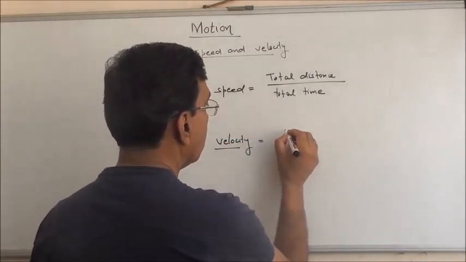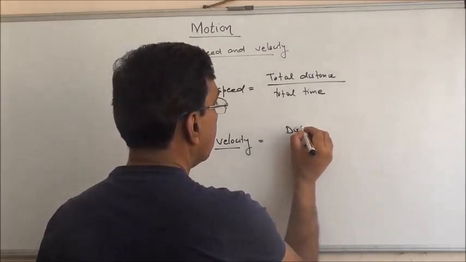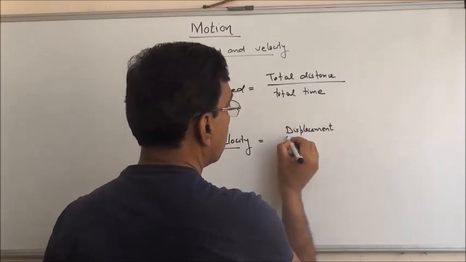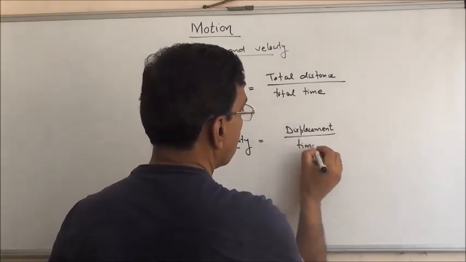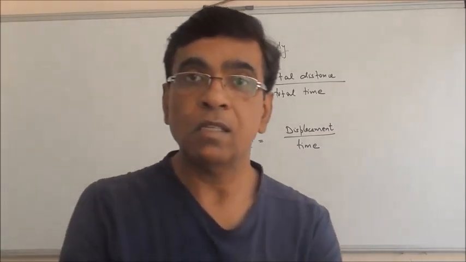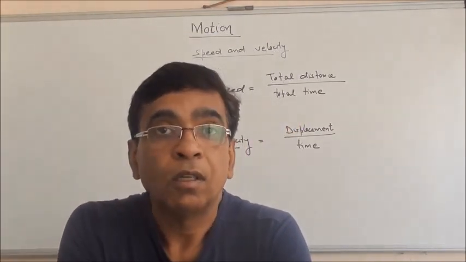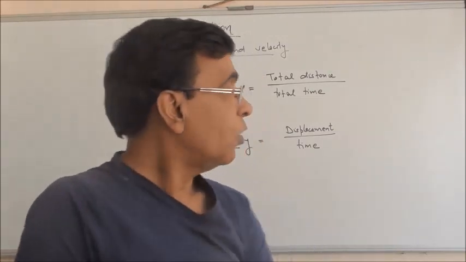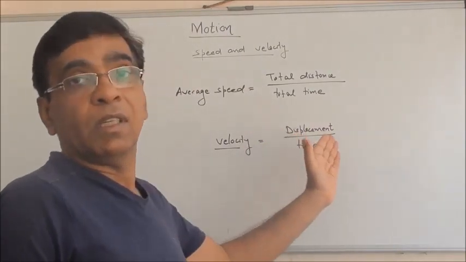And this is displacement upon time. Displacement tells us distance covered in one specific direction. So velocity will also give us direction.